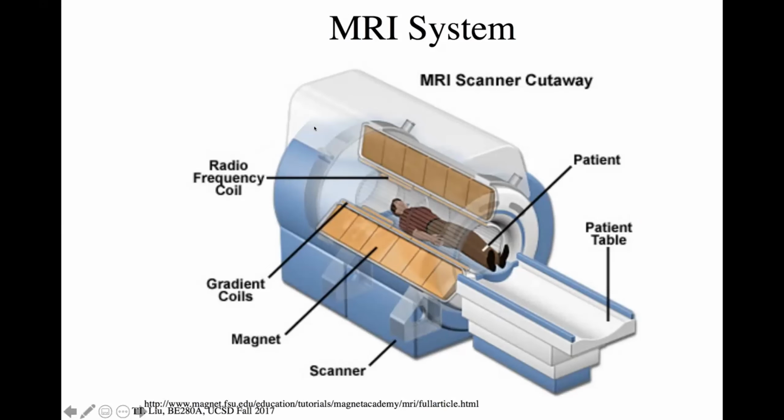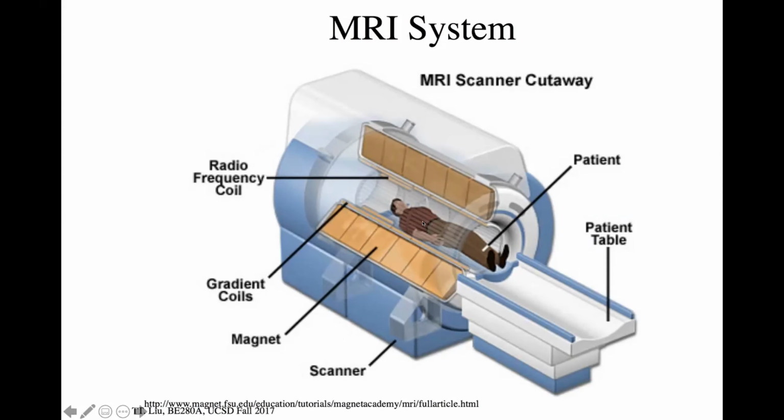And when you scaled this system up to actually put a human inside, it looks something like this cartoon, where you have essentially a tube. It's a cylindrical tube. We have coil windings going around this cylinder with current running through them to make a very large magnetic field.